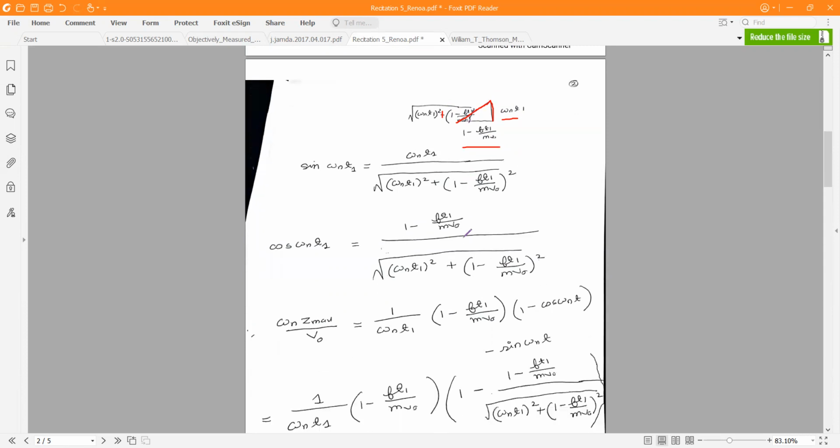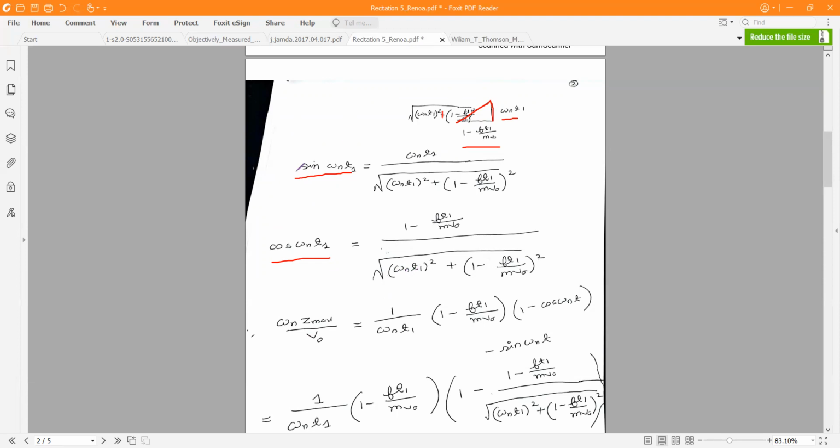From that, we can write that sine omega n t1 is equal to omega n t1 over the square root of (omega n t1) squared plus (1 minus F t1 over m v naught) squared, and cos omega n t1 is equal to (1 minus F t1 over m v naught) over the square root of (omega n t1) squared plus (1 minus F t1 over m v naught) squared.